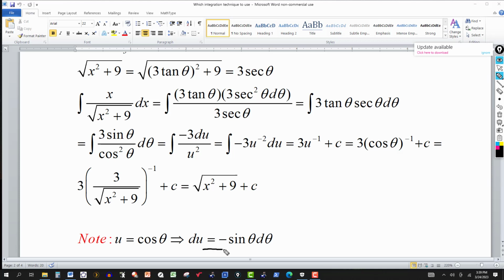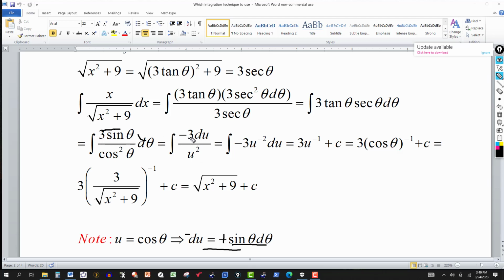And then it's just a matter of substituting. So notice here, sine theta d theta, solve for that, that's going to equal minus du. If I multiply by a negative here, this becomes a negative over here. The sine theta d theta is the same thing as minus du, and of course I had the 3 there.